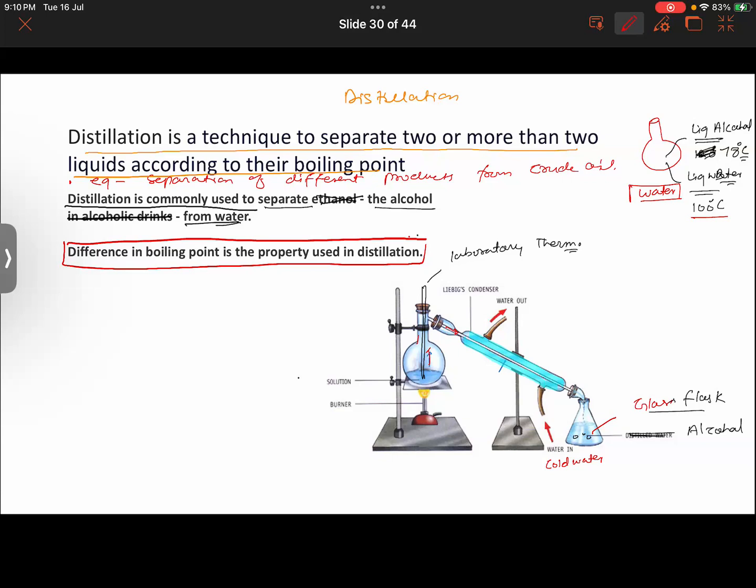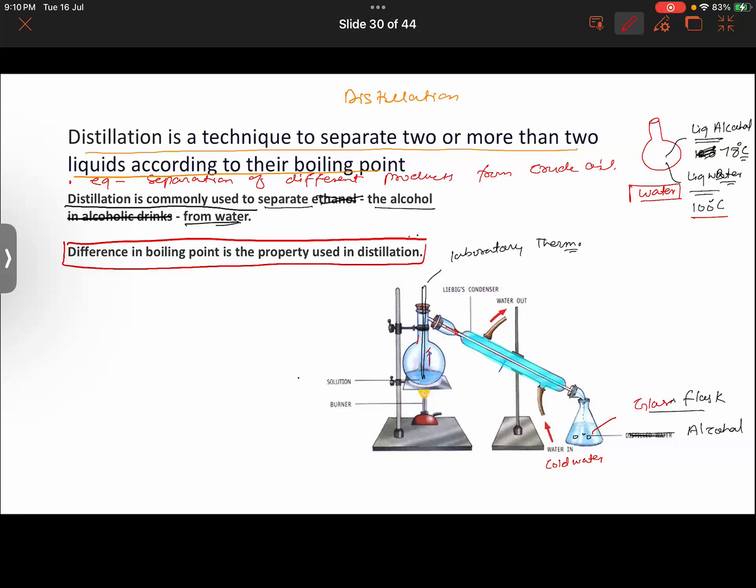Bye. So Ira and Halima, what we were talking about, distilled water. Distilled water is also obtained by the process of distillation. First of all, it will involve boiling of the water and then cooling it back to get the water.